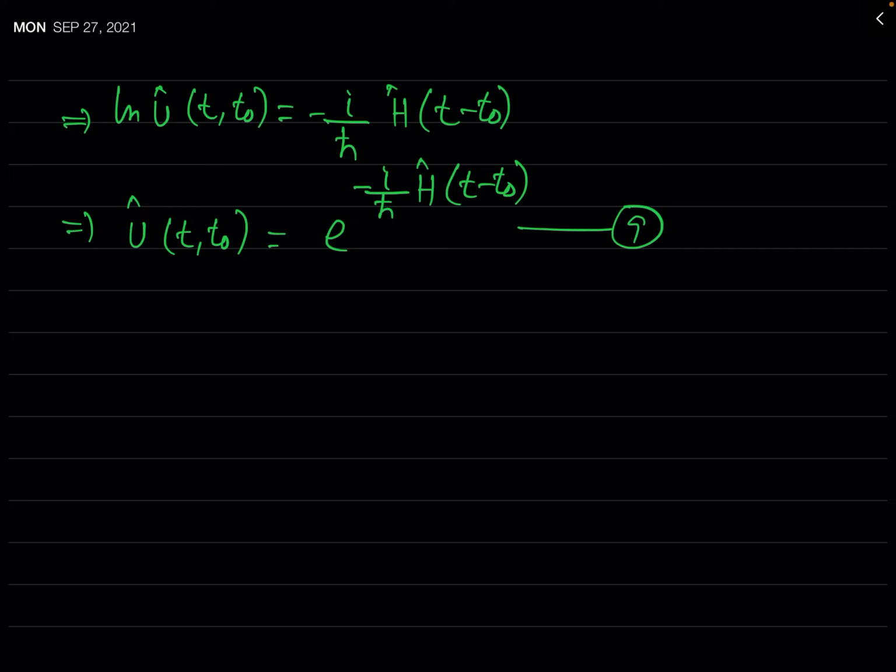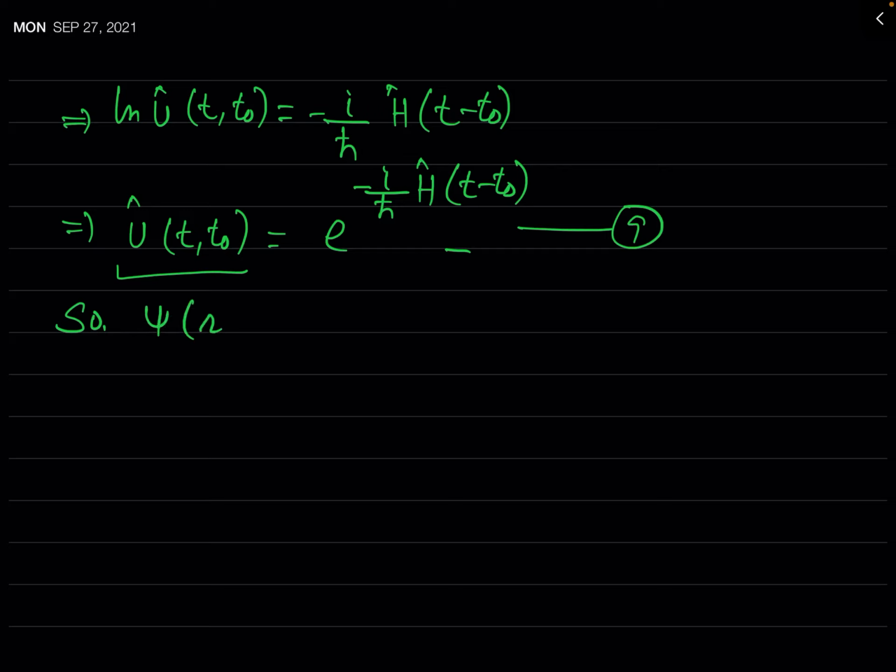So in this condition, when our Hamiltonian, this Hermitian operator H hat, is time independent, then this operator U hat is equal to this much. Now if you want to find the state vector psi at any time t, you can easily find it out.